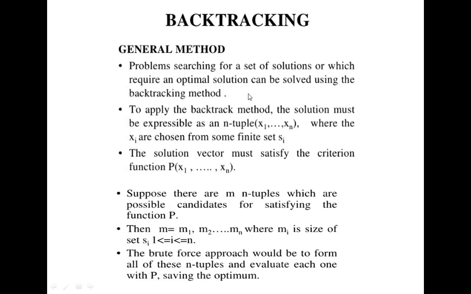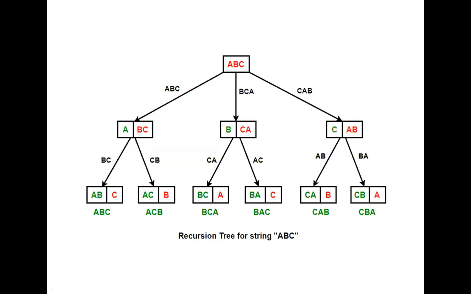To apply the backtracking method, the solution must be an n-tuple. N-tuple means x1, x2, and so on up to xn, where xi is chosen from some finite set Si. What does it mean? It means you have to represent the solution in tuple form. Consider ABC: this is one tuple, ABC is one solution, and ACB is another solution.